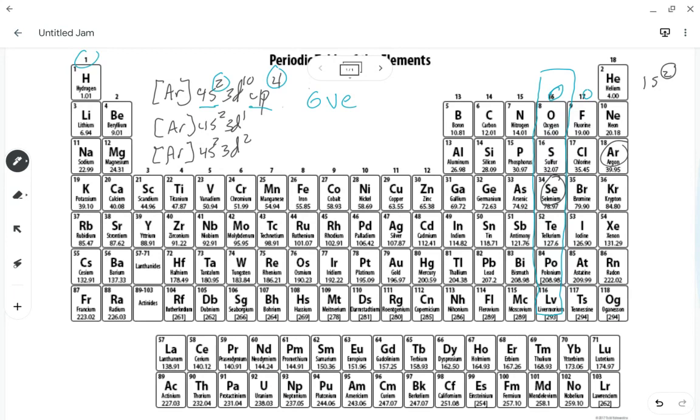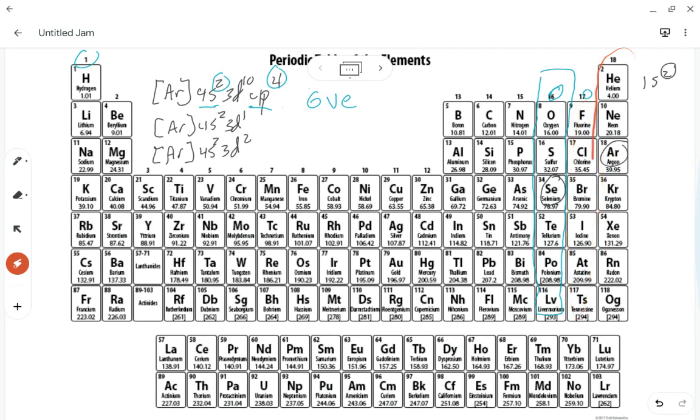These valence electrons are what actually gives elements their chemical properties. And it explains why, for instance, these elements down here in group 1 all react violently if you put them into water. All of these elements over here in group 17 are super reactive elements.